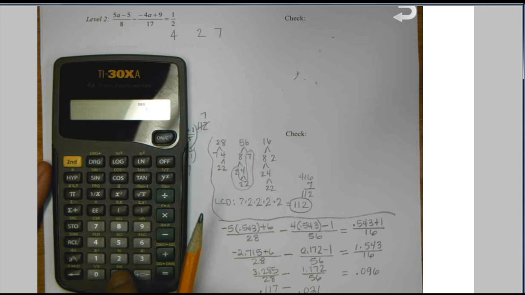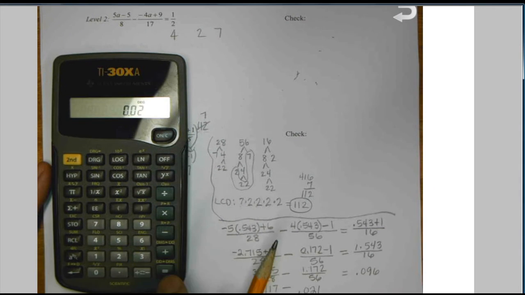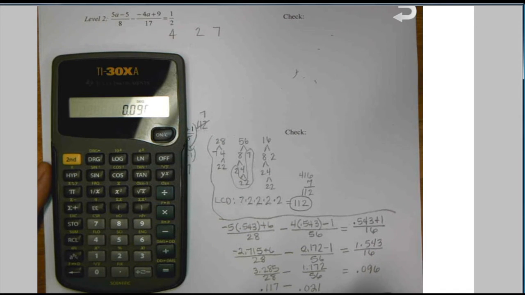So if I do 0.117 minus 0.021, I do get 0.096.